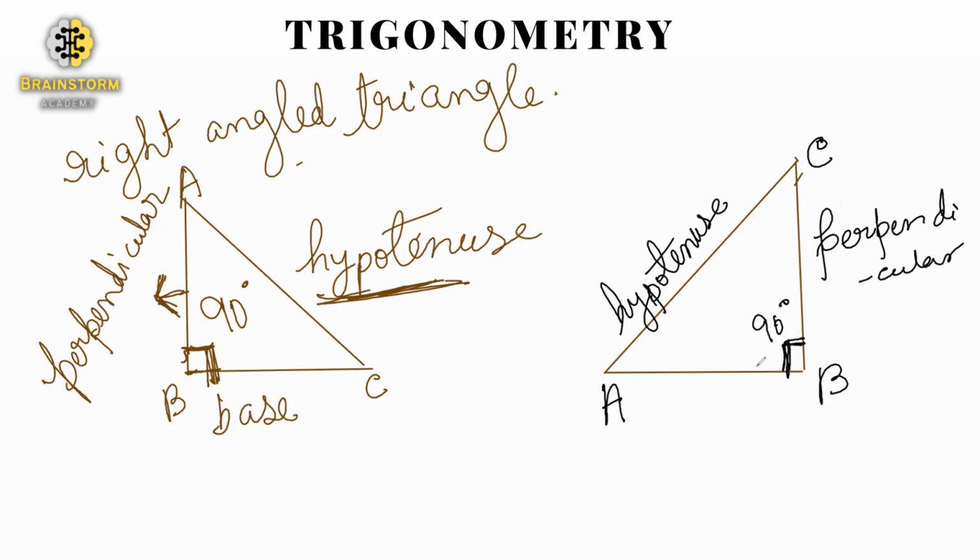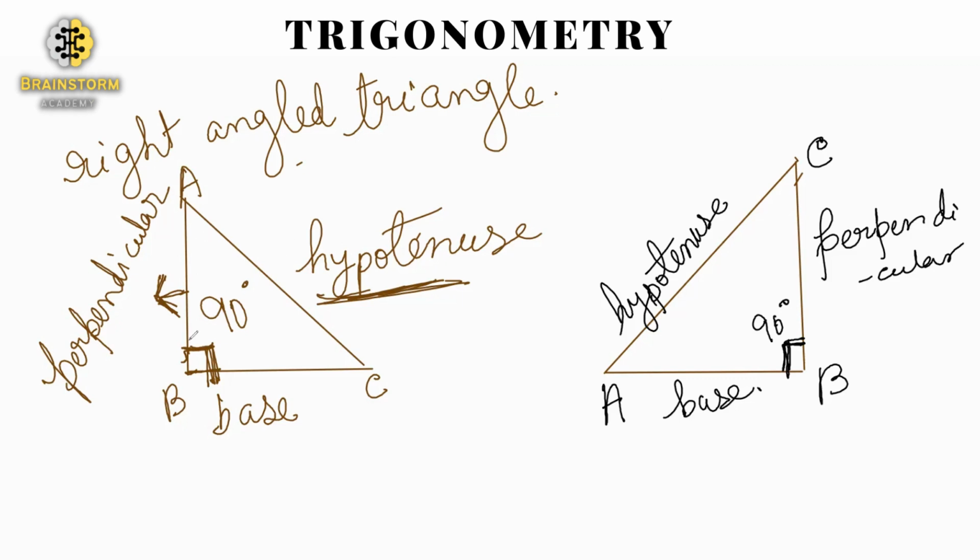And this side becomes the base, right? Now for trigonometry, this is very needed: the knowledge to recognize which is your base, which is your hypotenuse, and which is your perpendicular.